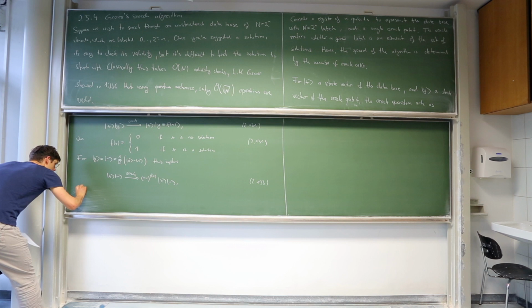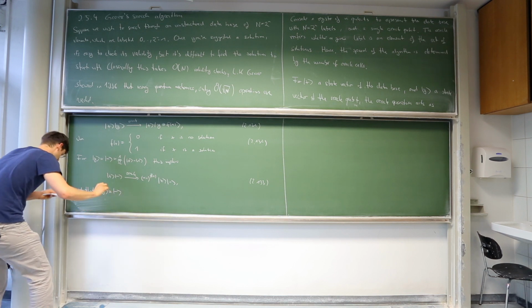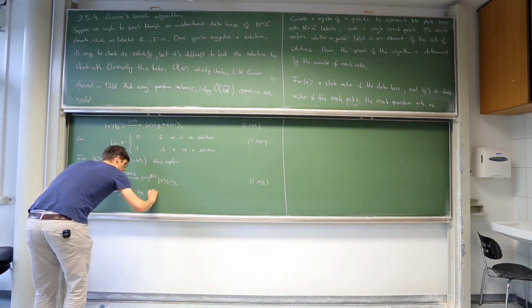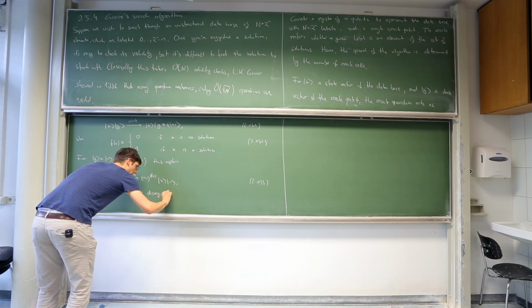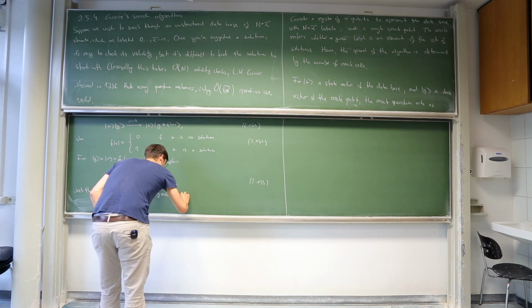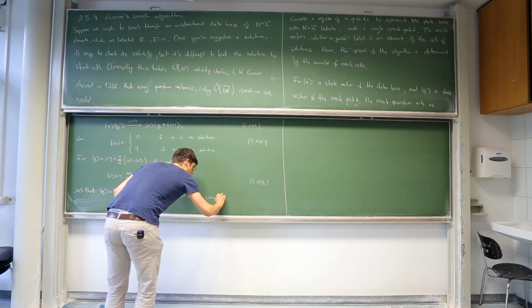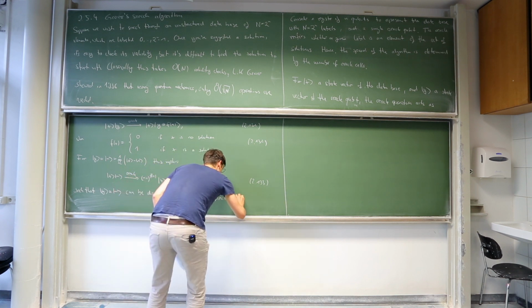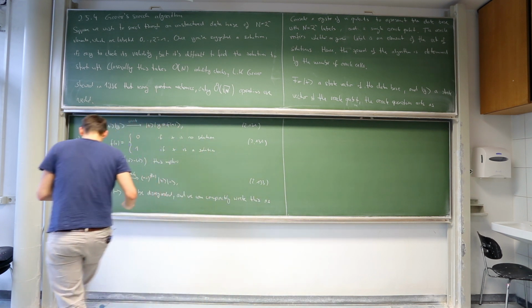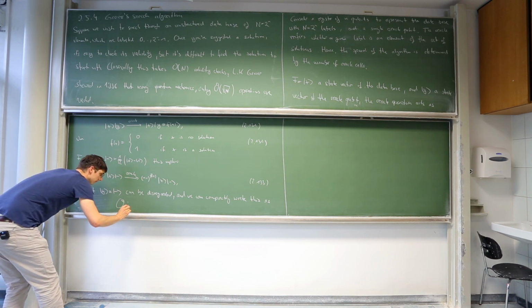So y equals minus can be disregarded. And we can compactly write this simply as the oracle, which I now denote by O. What does this operation do?